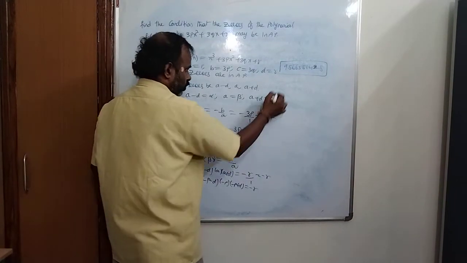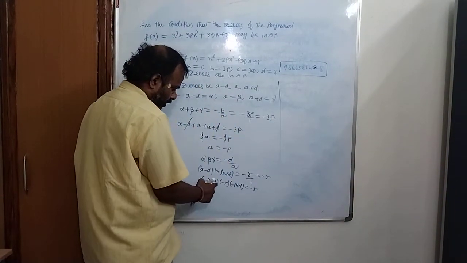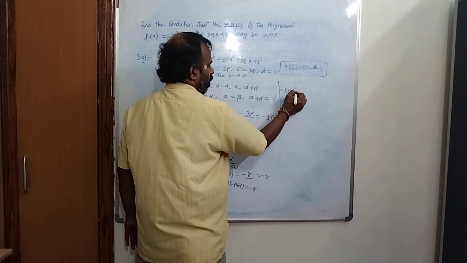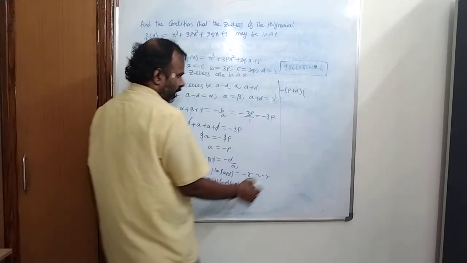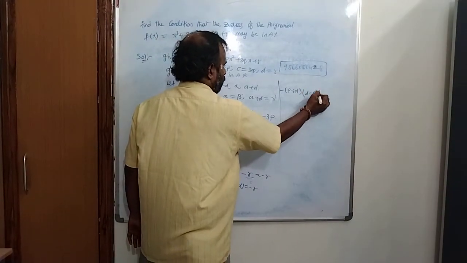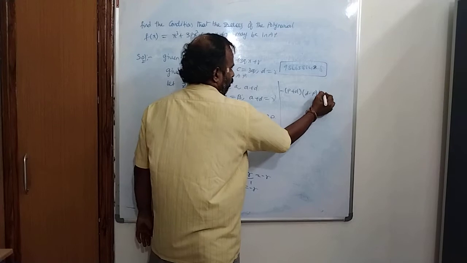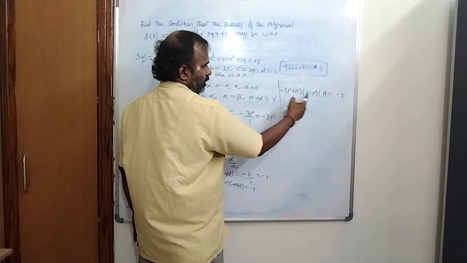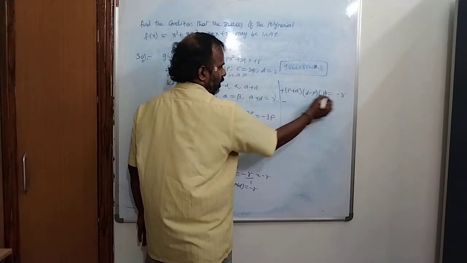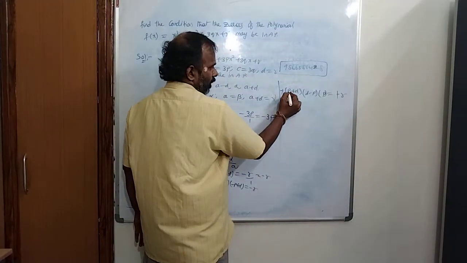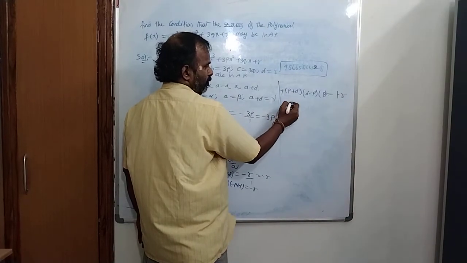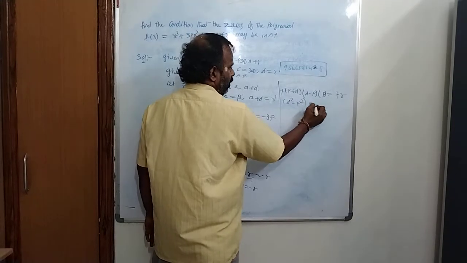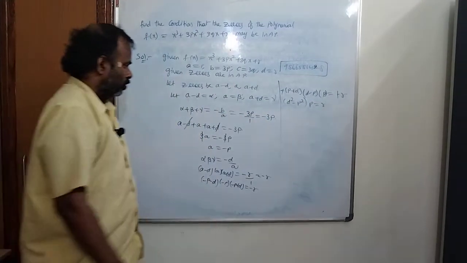So here what do we get? Now take minus common from here, that is minus of p plus d, and here d minus p into p is equal to minus r. So d plus p into d minus p, minus and minus will get cancelled. Whether you write p plus d or d plus p, both are same. d square minus p square into p is equal to r.